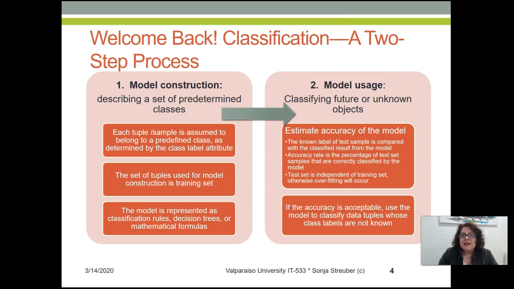And if the accuracy is acceptable to us, either in terms of an R-squared value of more than 70% or of a sufficiently well-classified confusion matrix, then we can start applying our model to unknown objects.